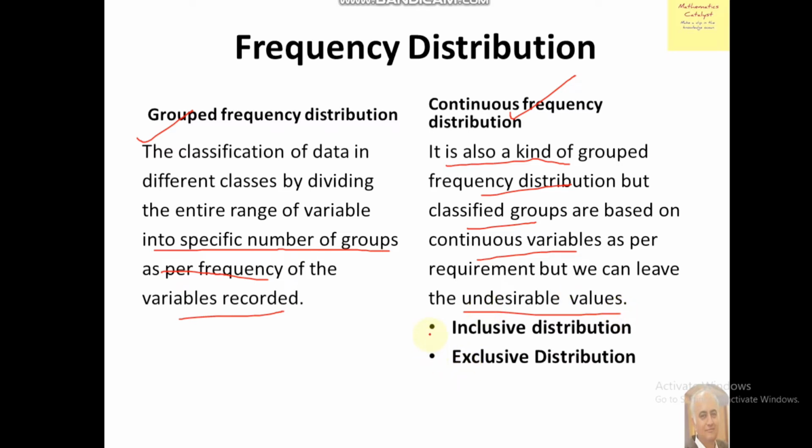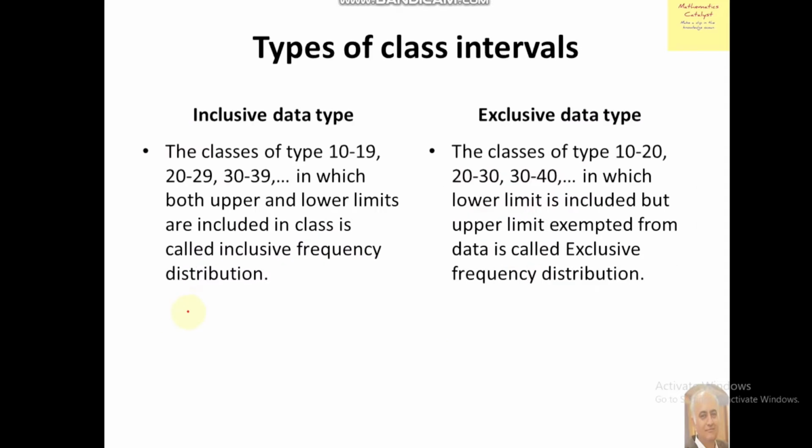After that, there are two kinds of continuous frequency distribution. One is inclusive and another is exclusive distribution. So whenever we have the data in the inclusive data type, what is inclusive data type? The classes of the type 10 to 19, 20 to 29, 30 to 39.